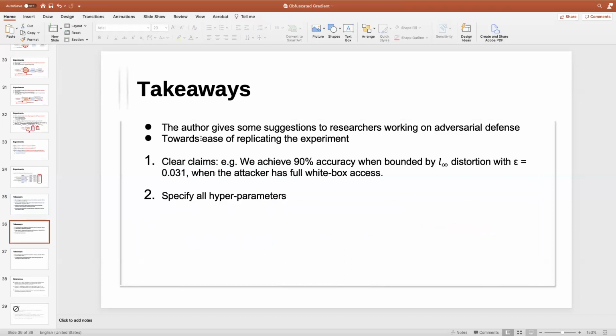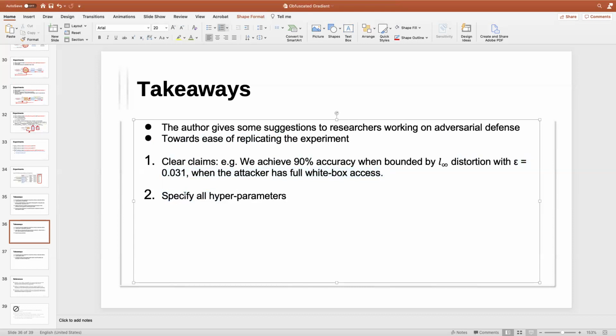The second suggestion is towards the ease of replicating the experiment. First, researchers should make clear claims in their papers. For example, specify the final accuracy, the distortion type, the perturbation strength, and the threat model condition.